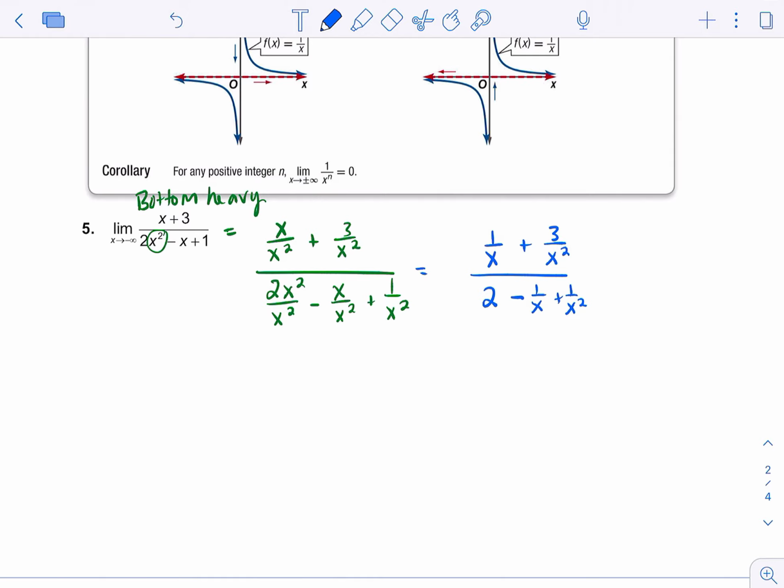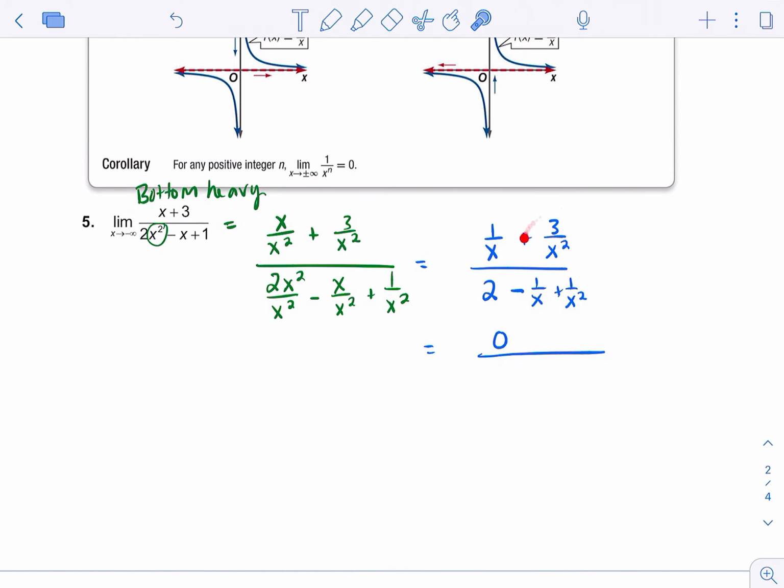So the cool thing about limits is you can do direct substitution sort of piece by piece. So now we're going to say, all right, the limit as x goes to negative infinity of 1 over x, based on our corollary, that is 0. The limit as x goes to negative infinity of 3 over x squared, well, that fits our corollary. That is also 0. So this is 0 plus 0 over, there's no x to plug in.